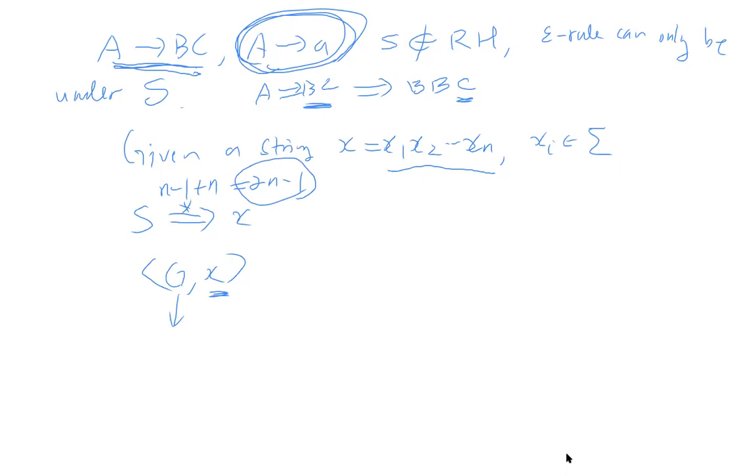You can think of the derivation as a tree; a Chomsky normal form derivation is a binary tree with a fixed height, depending on n. The number of different trees is finite. So you inspect all these trees to see whether x can be generated.